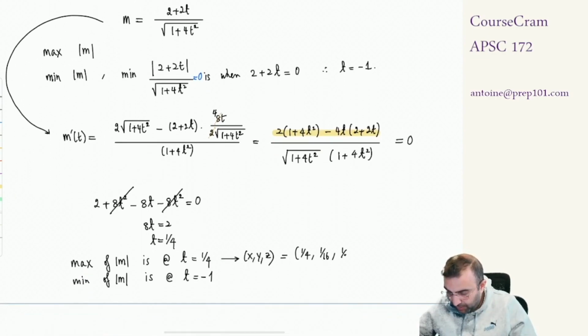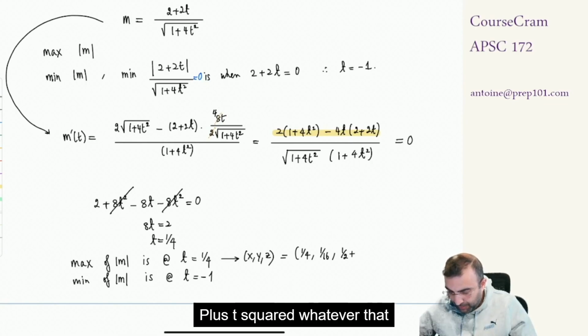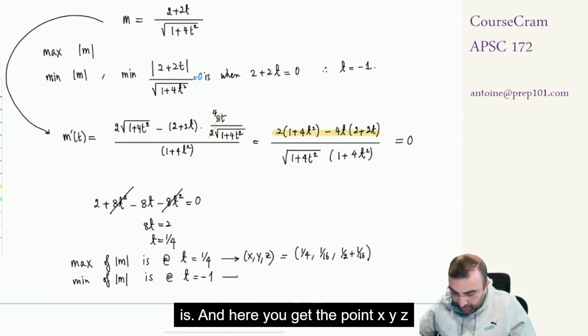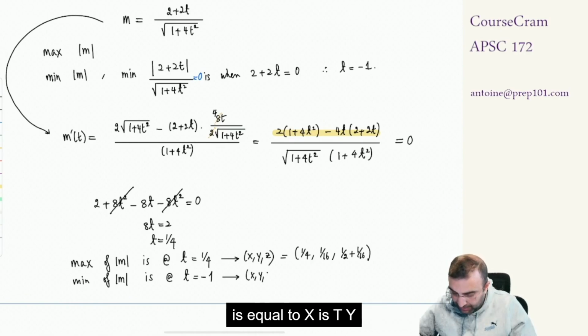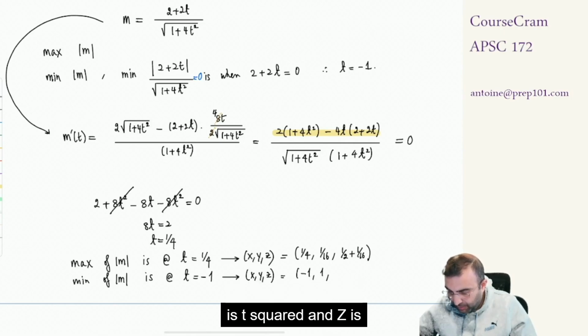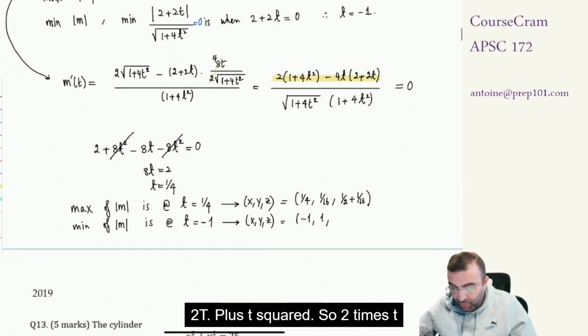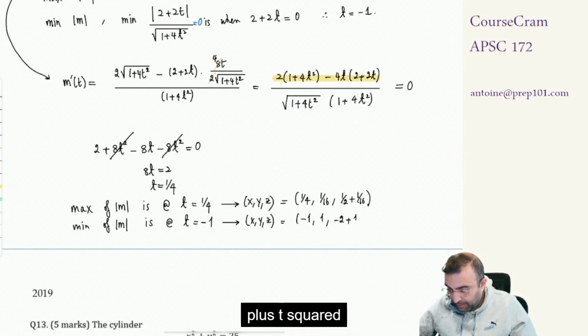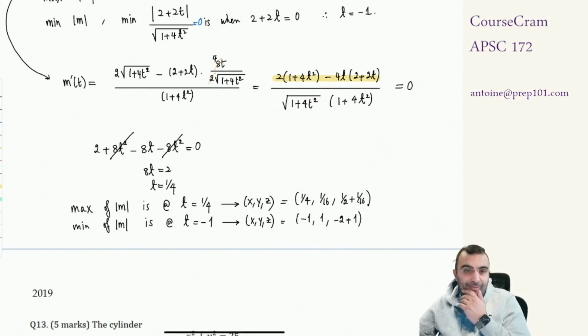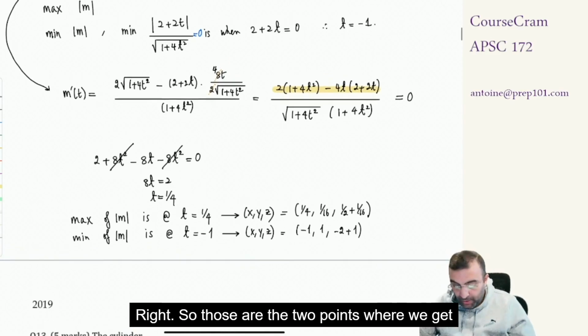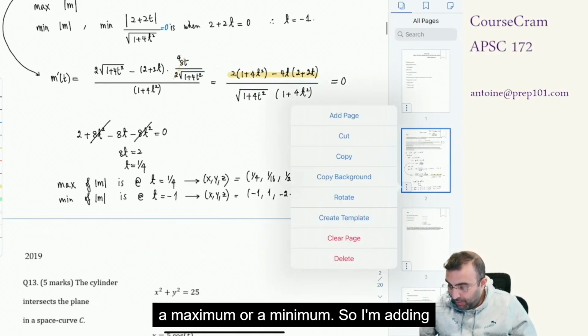So here you get the point x, y, z, where x is t, y is t squared, and z is 2t plus t squared. So those are the 2 points where we get a maximum or a minimum.